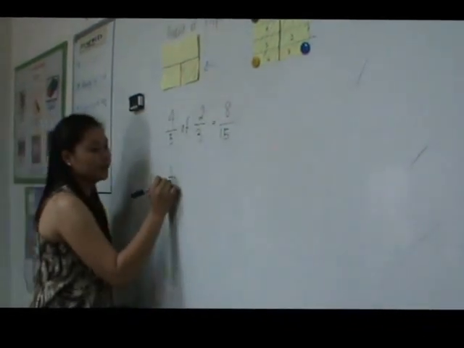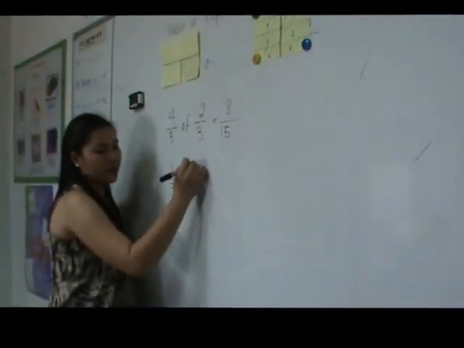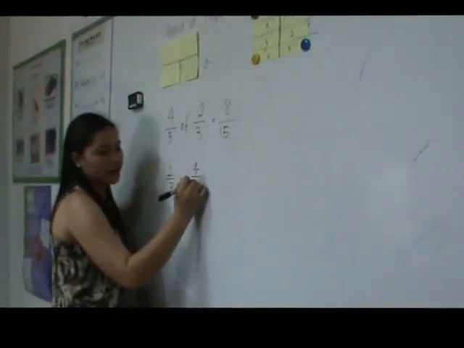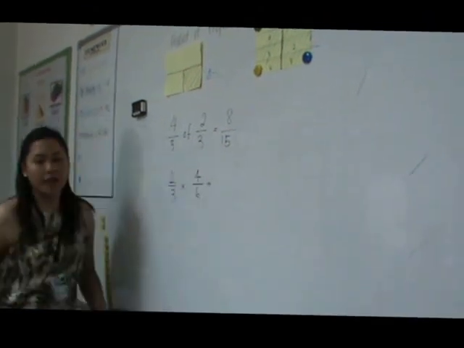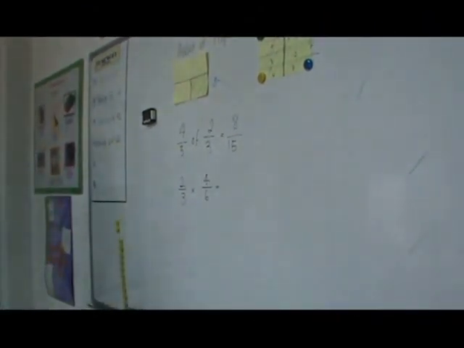Next, another example. 2/3 times 4 out of 6. Can you use cancellation here? Yes. What do you mean by cancellation?